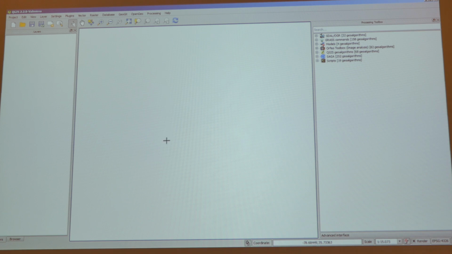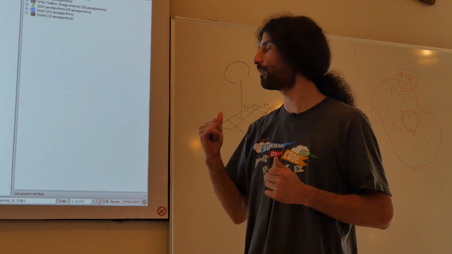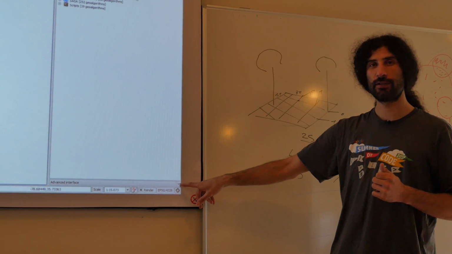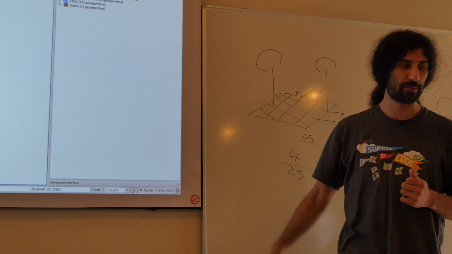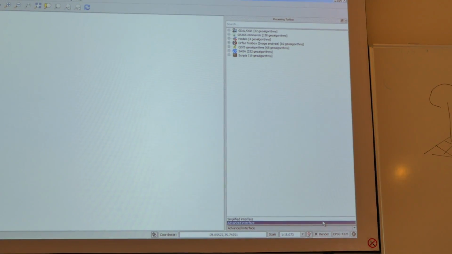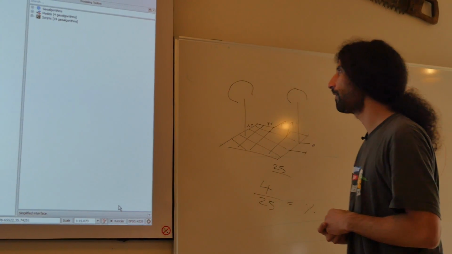Everyone in here? I don't know if in your case it might look different. See down here, it says advanced interface. You can turn this off and put it into simplified interface, which maybe by default is the one that you have. So what's the difference between the simplified and the advanced?